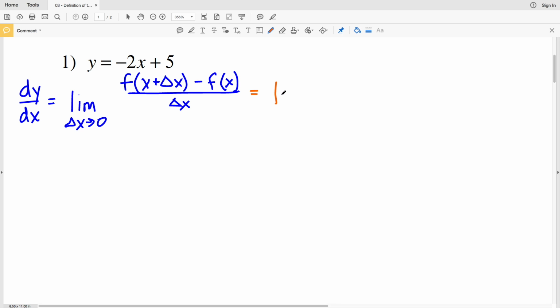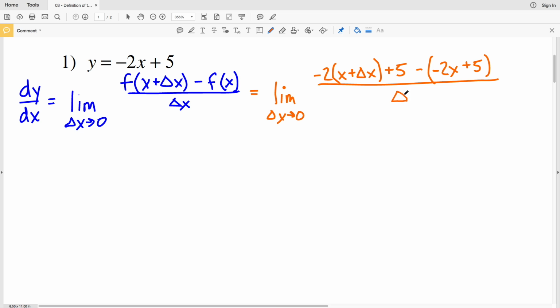So I'm going to have the limit as delta x approaches 0 of f of x plus delta x, which is going to be negative 2 times x plus delta x plus 5. That is f of x plus delta x. Now I'm going to subtract f of x, which is going to be subtracting negative 2x plus 5. And this is all over delta x.